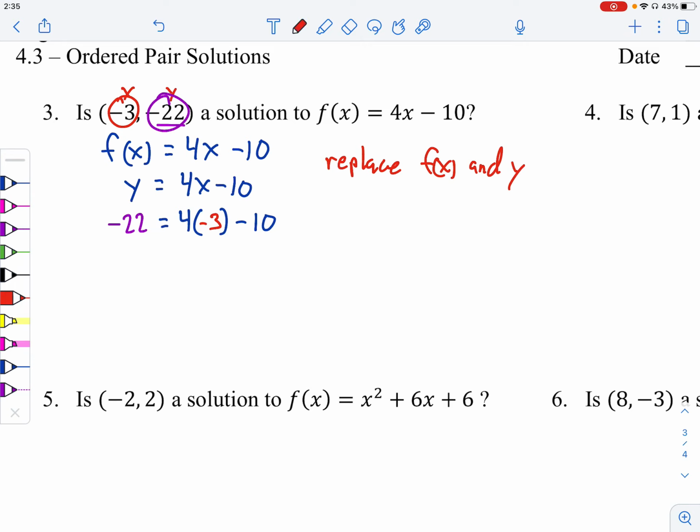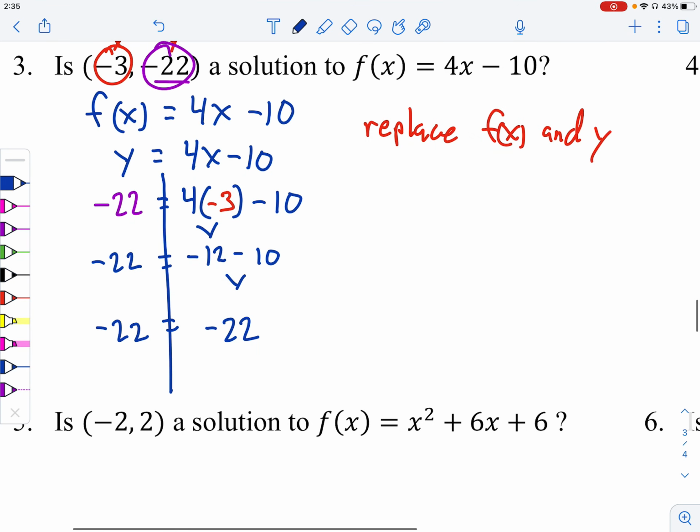So now we're going to see, is the left side equal to the right side? The left side is -22. Let's see what the right side comes out to be. This is -12 minus 10. You subtract those, you get -22. So that is true. -22 is equal to -22.